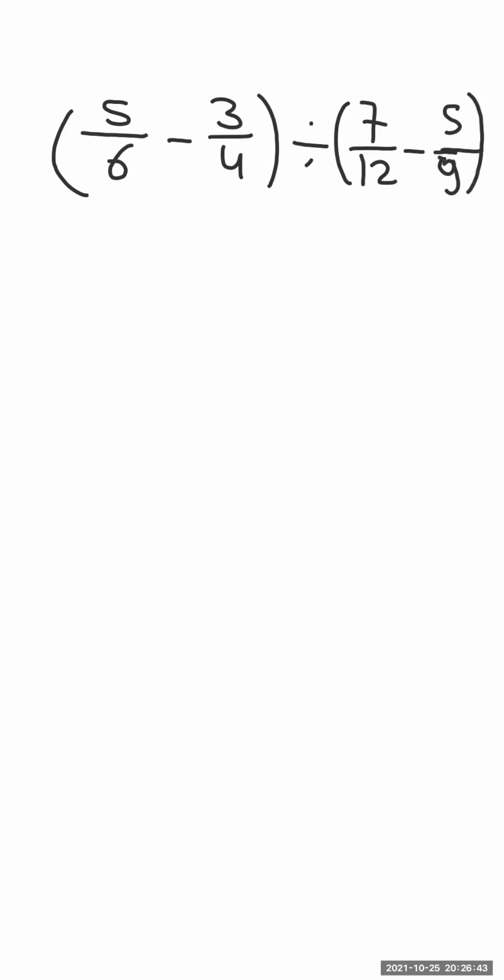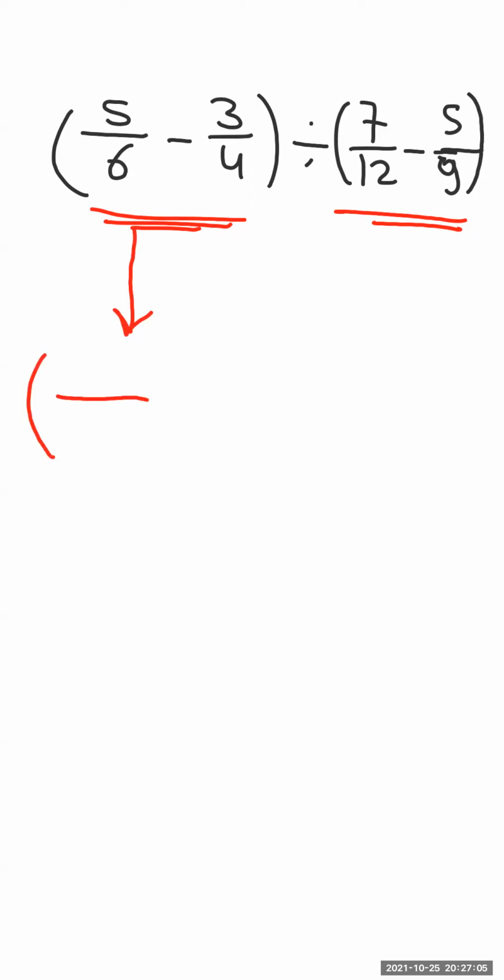So in this case, as we said, we have to finalize the process between the 2 brackets first, here and then here, and then finalize the division of the 2 results. So first I have to start with this one, 5 over 6 minus 3 over 4. Unify the 2 denominators. The easiest way to unify the denominators is to multiply the 2 denominators. So 6 times 4 is 24.